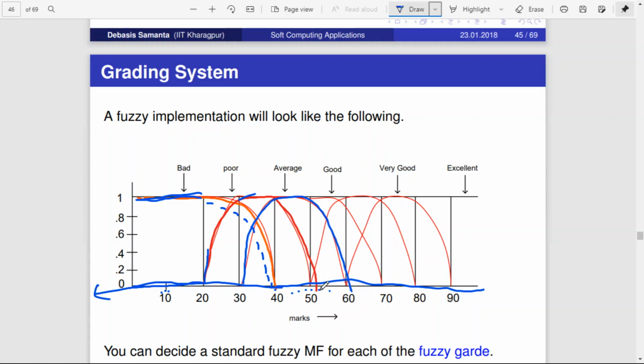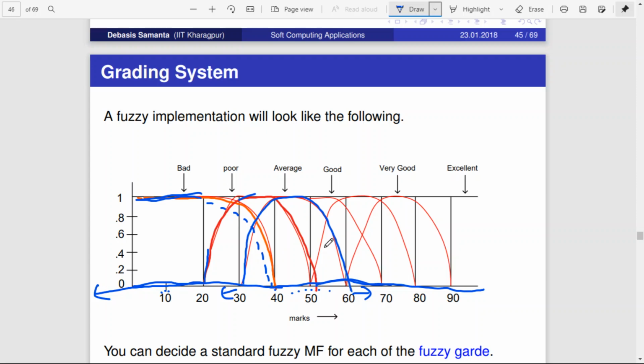Anything greater than 50 also, it will produce 0. Between 20 and 50 it will produce some values. Basically it is dealing with poor and average. Similarly, if you take this membership function, anything less than 30 it will give 0, anything greater than 60 it will give 0, between 30 and 60 it will give some values, right? So basically it is talking about average.